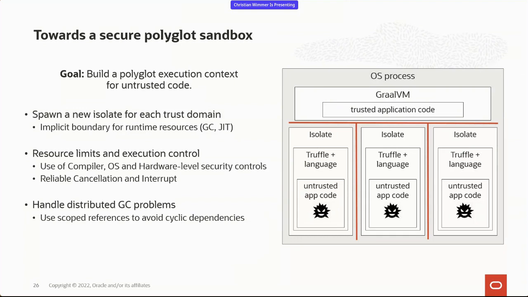But what about all the possible impacts of random user code? What if you have malicious user code that wants to exploit some vulnerabilities in your application, or just malicious code that wants to do a denial of service attack and just burn CPU cycles in an endless loop?